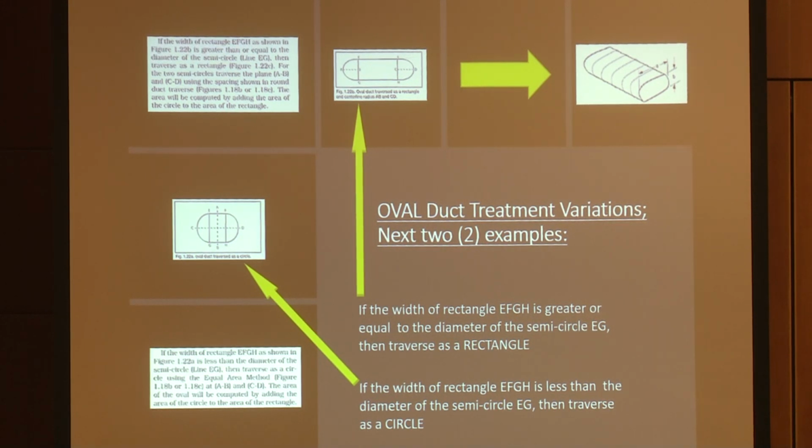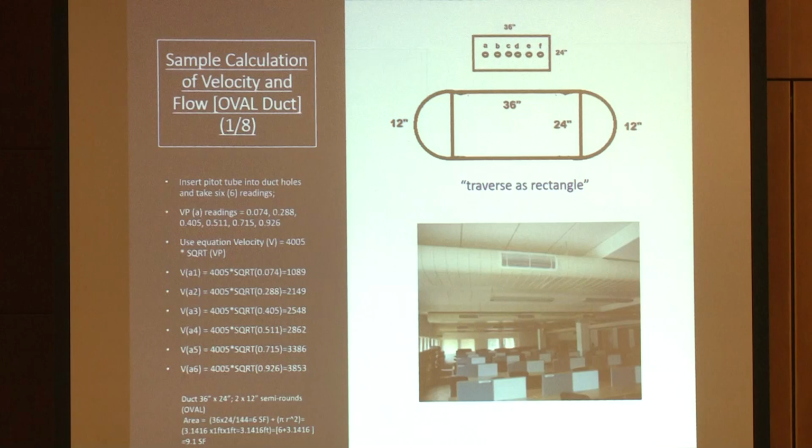We do it just like a rectangle. But if it's one of these fat ovals, like this one, then we end up traversing it like a circle. So that's the difference, right? And you just have to figure out what the size and the ratio is, and then you can go from there. So let's start with an oval duct, a long oval.